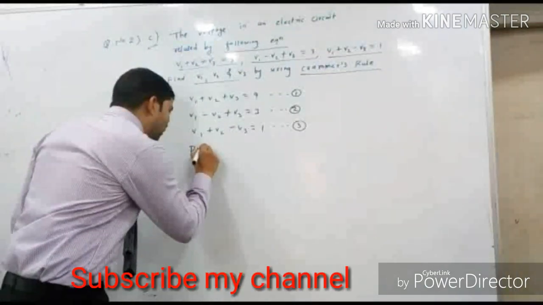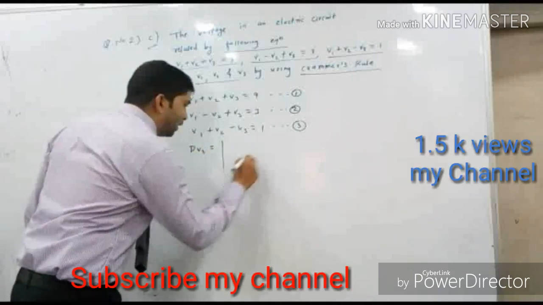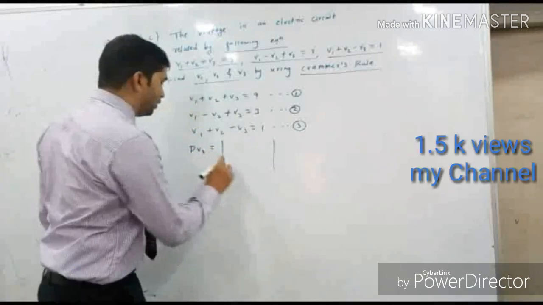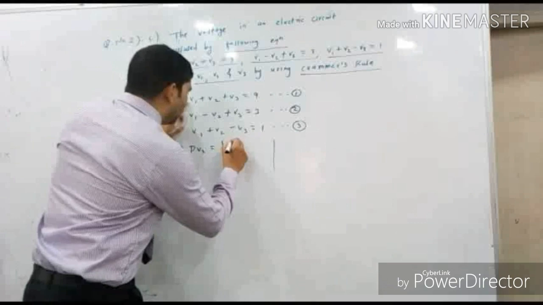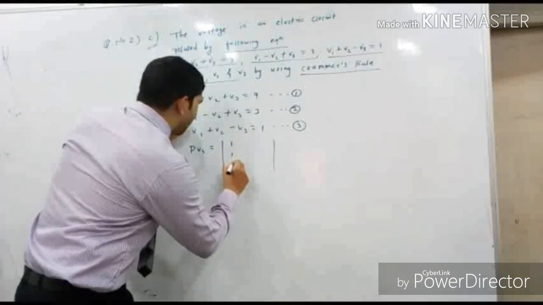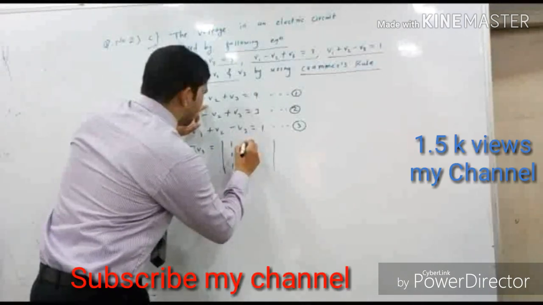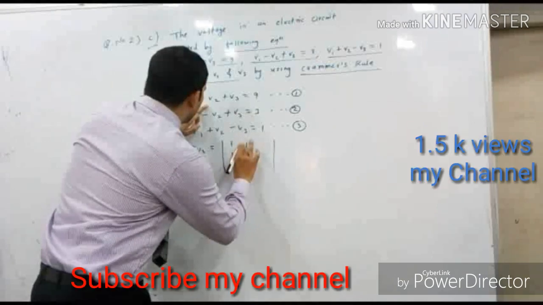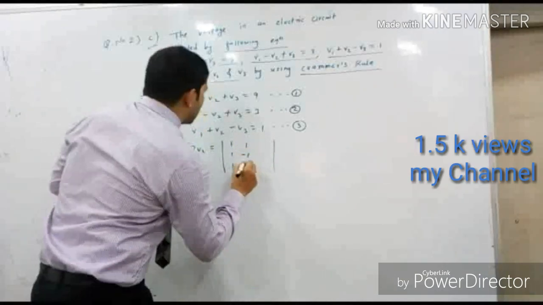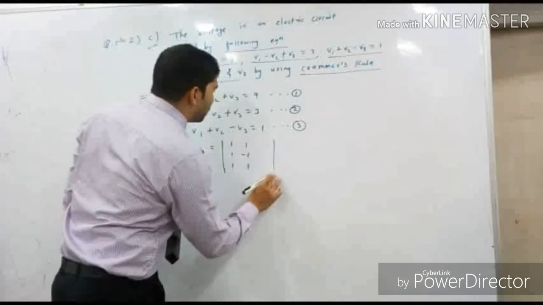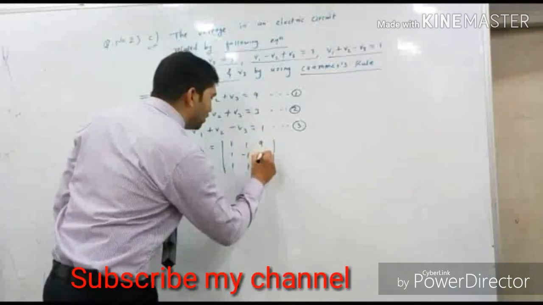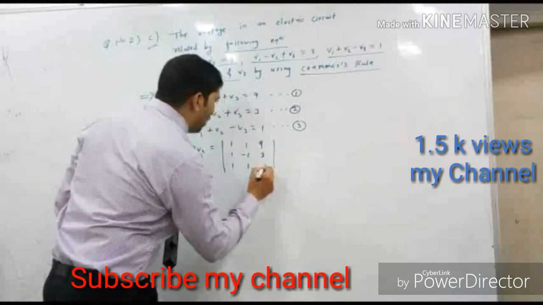We have to find dV3. So we take again a 3 by 3 determinant. See this, V1's coefficients as it is, 1, 1, 1, V2's coefficients also as it is, plus 1, then minus 1 and plus 1. Instead of V3's coefficients we take the right hand side values 9, 3, 1.